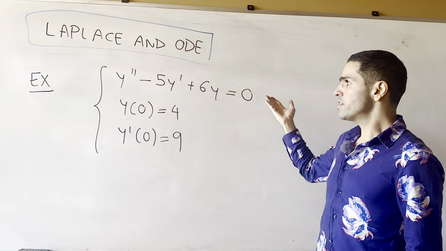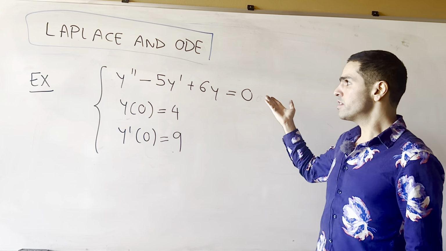So we get L of y double prime minus 5 L of y prime plus 6 L of y equals L of 0.